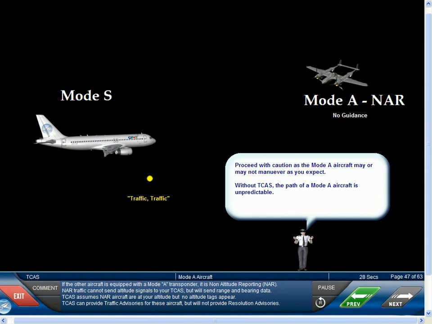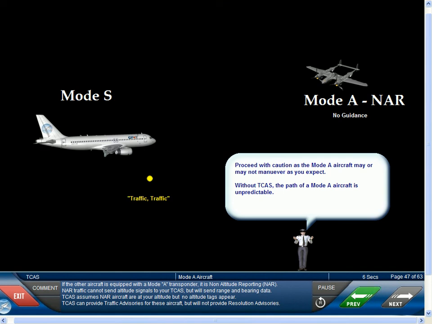If the other aircraft is equipped with a Mode A transponder, it is non-altitude reporting, or NAR. NAR traffic cannot send altitude signals to your TCAS, but will send range and bearing data. TCAS assumes NAR aircraft are at your altitude, but no altitude tags appear.